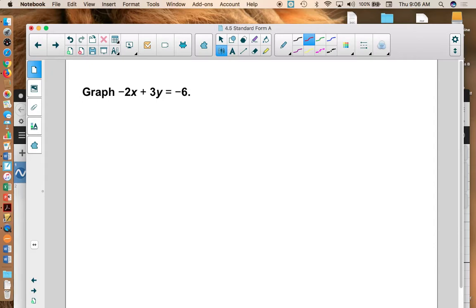I also wanted you to write that in the slope-intercept form. Write this equation in slope-intercept form. That's what we've been doing, right?